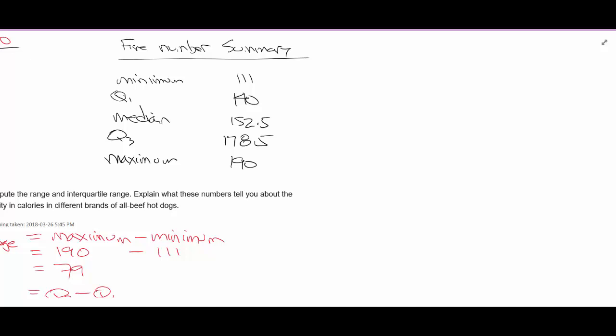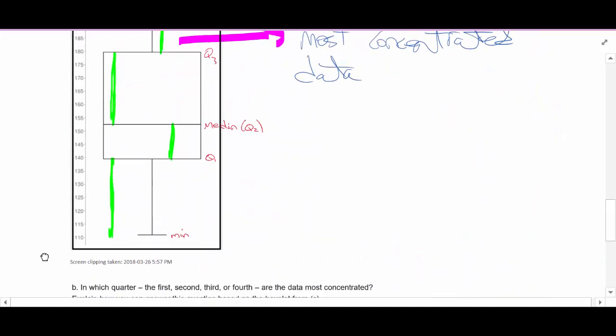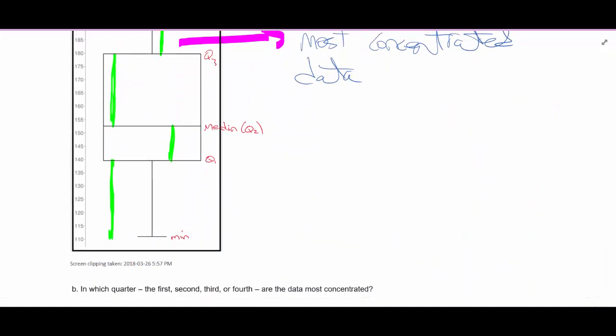From our 5-number summary, we see that Q3 is 178.5, the median is 152.5, Q1 is 140, and the minimum is 111. All right, so I found Q3 minus Q2, that's 26. Q3 minus Q2, that's this here.